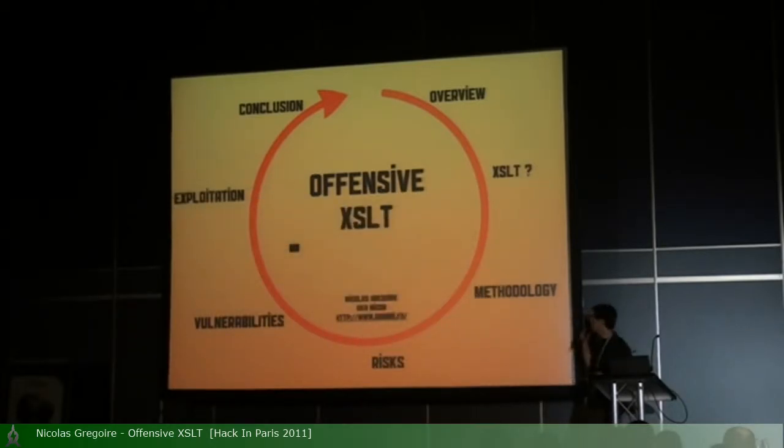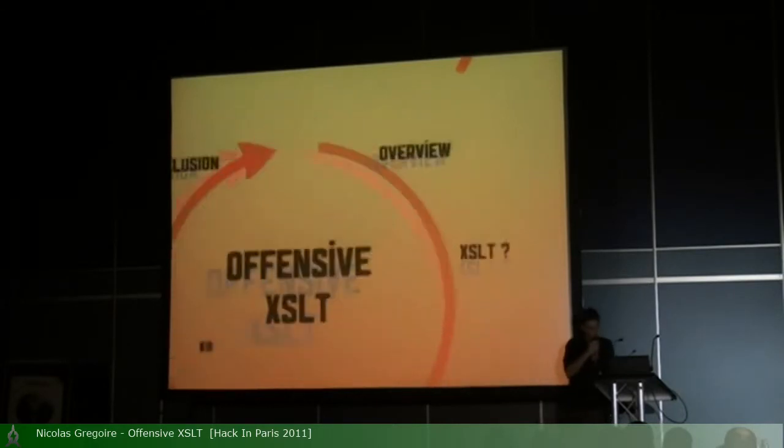Then I will explain the methodology in detail, how we are looking for vulnerabilities. We will find some risks that I will describe, and then we will map these risks to applications, and then, ideally, we will find a ton of vulnerabilities. A quick word about exploitation for this kind of primitive, and then we will conclude.